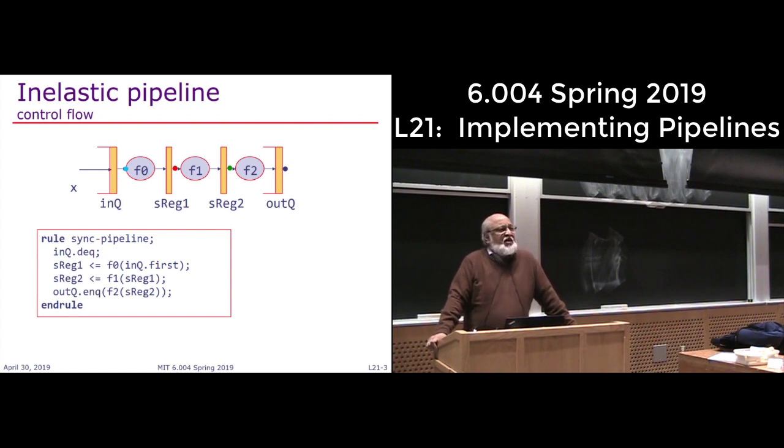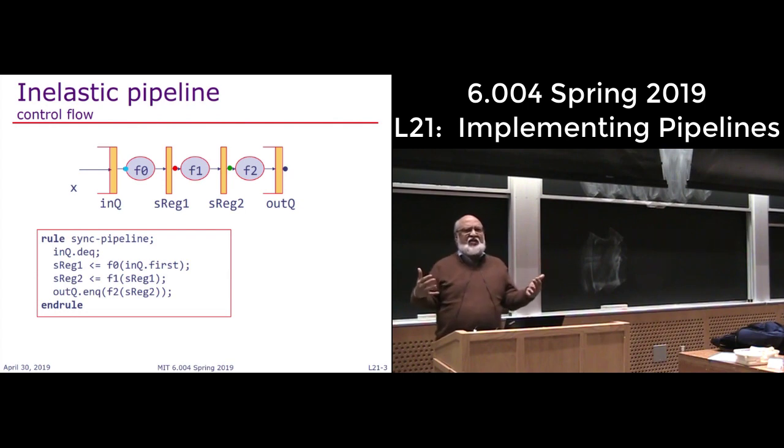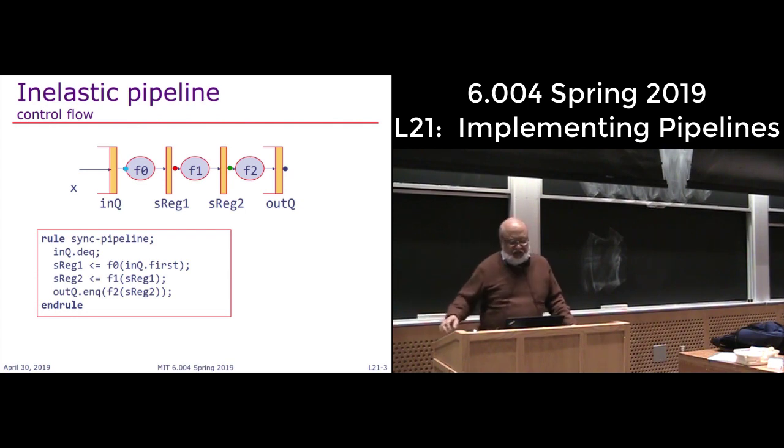In the synchronous pipeline, you will move things from the input queue to register 1, from register 1 to register 2, from register 2 to the output queue. So those are the actions represented here, and once you have done that, then you can dequeue whatever was in the input queue. And of course, everything is happening in parallel, so the fact that I wrote inqueue.dequeue first doesn't matter, right? Because all the actions shown here will happen simultaneously, just as all the tokens moved simultaneously in this.